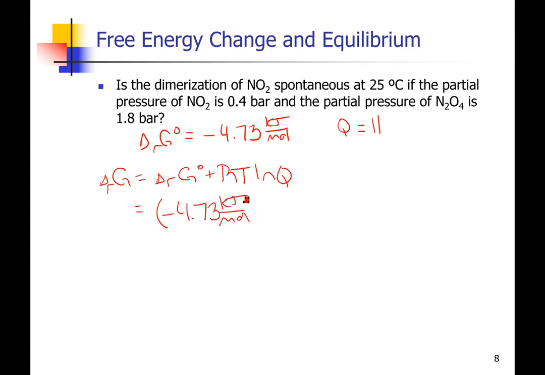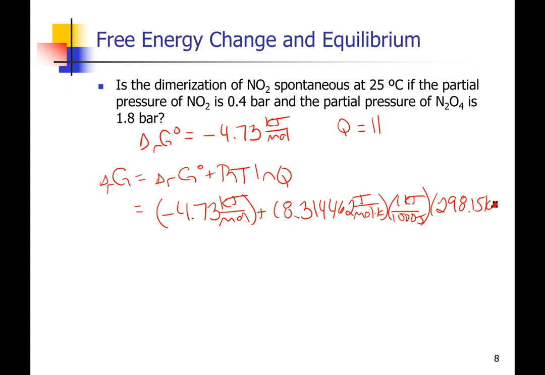And I plug in my 8.314462 joules per mole Kelvin here, times 1 kilojoule per 1,000 joules, so that I'm able to add up the two components of my answer, times 298.15 Kelvin, times the natural logarithm of 11.